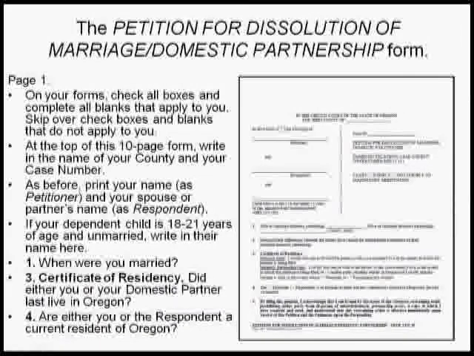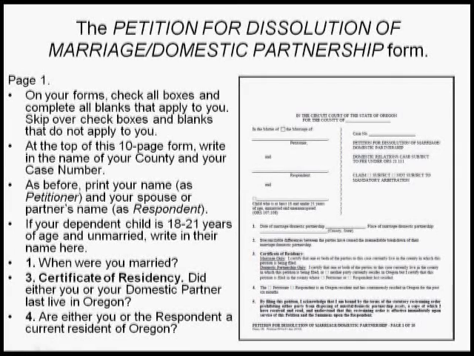Page 1. On your forms, check all boxes and complete all blanks that apply to you. Skip over check boxes and blanks that do not apply to you. At the top of this 10-page form, write in the name of your county and your case number.